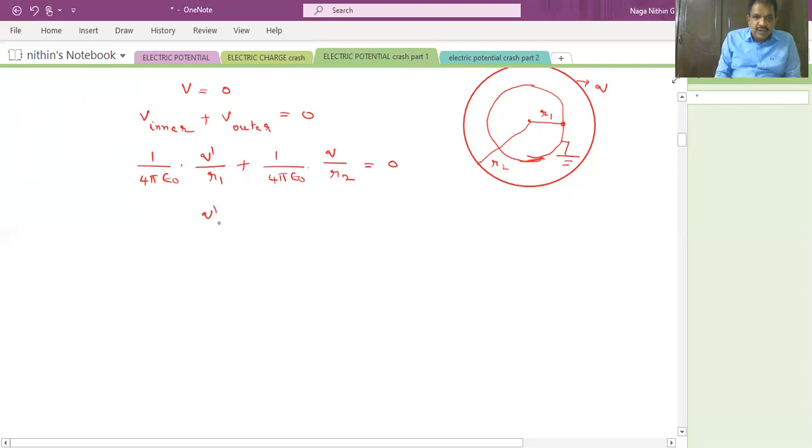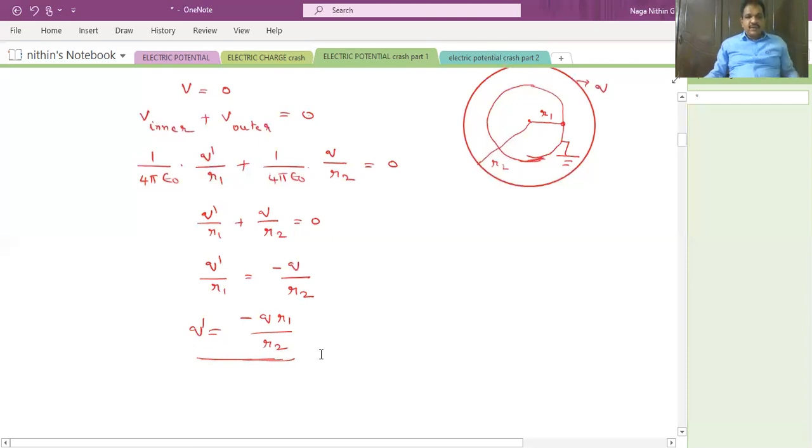So Q dash by R1 plus Q by R2 is equal to 0. So Q dash by R1 is equal to minus Q by R2. So Q dash is equal to minus Q R1 by R2. So this will be the answer for it.